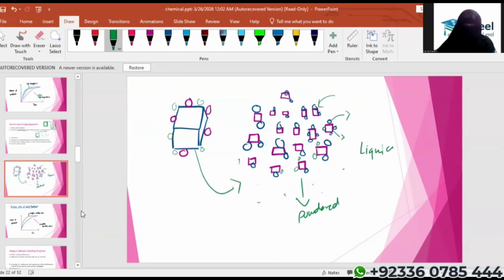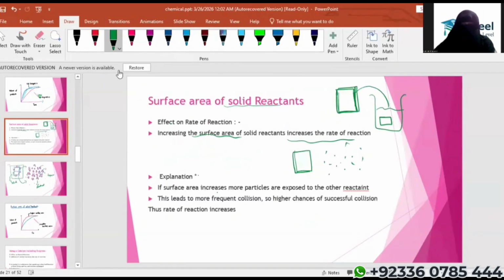But on the other hand, if you put the block in a liquid, fewer reactant particles from the liquid are able to collide because the surface area of this particular solid is less. However, if you powder it, there is more surface area available for the liquid particles to come into contact with the solid particle. So this is why we say that increasing the surface area of the solid reactants will increase the rate of reaction.